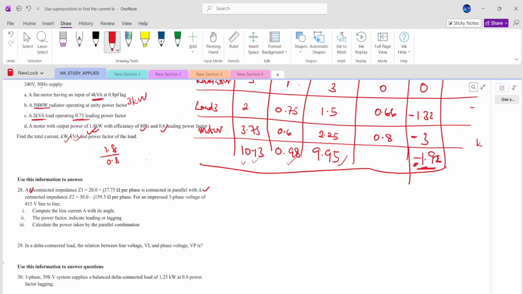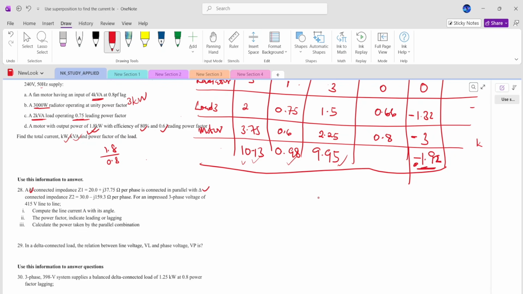For an impressed three-phase voltage of 415, this one is expressly mentioned as line to line. We are to compute the line current in A with its angle, then the power factor, indicate whether it's leading or lagging, and calculate the power taken by the parallel combination.